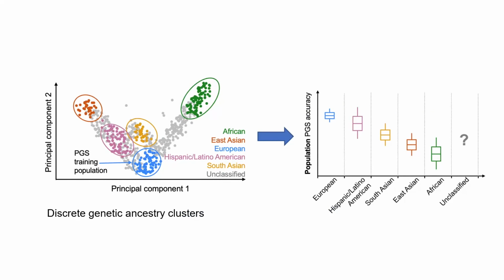Yes. So what does accuracy mean on my right-hand side exactly? Accuracy in this case means the R square between the polygenic risk score and the trait value in held-out test data. When you calculate the polygenic risk score, do you scale it once and use the same scale across all your samples, or do you rescale it in every subgroup?